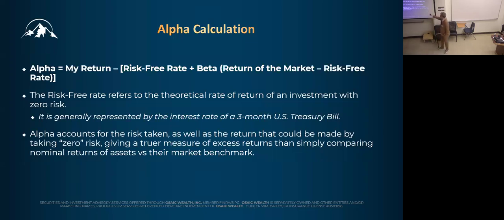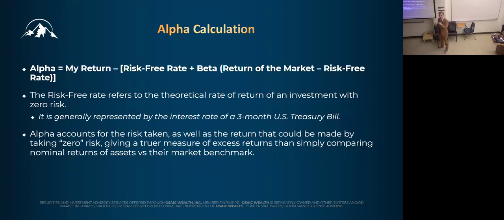So alpha accounts for the risk taken, as well as the return that could be made by taking on zero risk, by buying the risk-free rate, giving a truer measure of excess returns than if you just took, I got 12, it gave me 10. That might sound great. It's like, oh, the stock market returned 10%, but I returned 12.